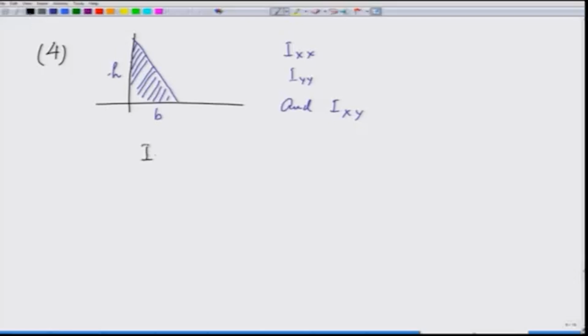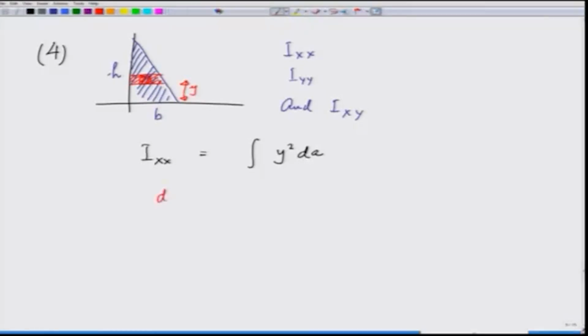To calculate Ixx, I again do integral y squared dA, and this small area out here is this orange area. I can make things simpler by taking, rather than this area, the entire strip out here, because y is the same for this entire strip.